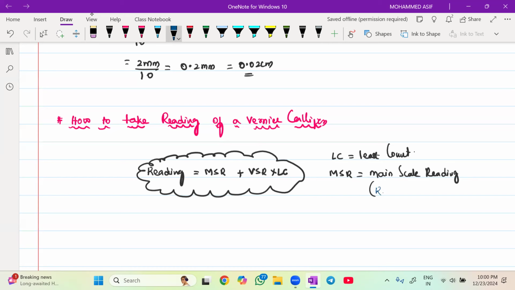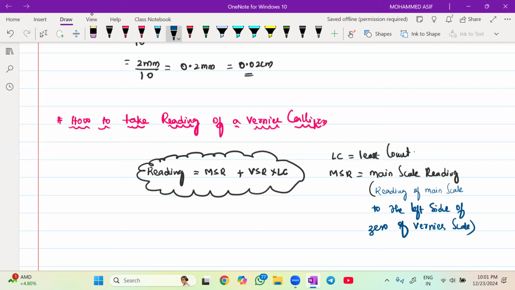Reading of main scale to the left side of 0 of Vernier scale. How do you take it?